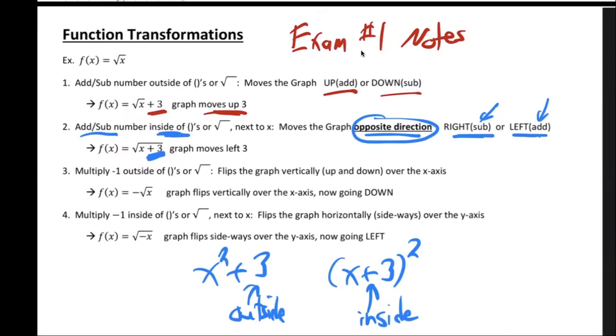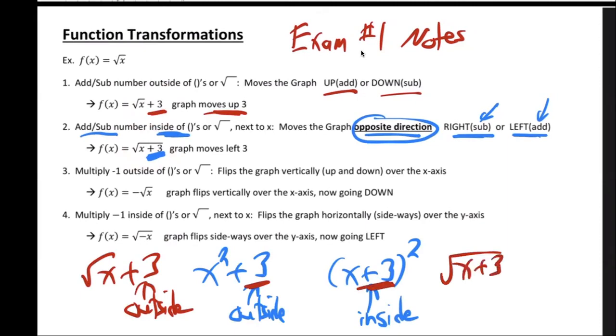You can have the square root of x, plus 3, that's outside of the square root, or you can be inside of the square root. All right, so that's what we mean by inside or outside. You're either inside of the function, whether it's a square root or a parenthesis, same thing. You're either inside or outside.